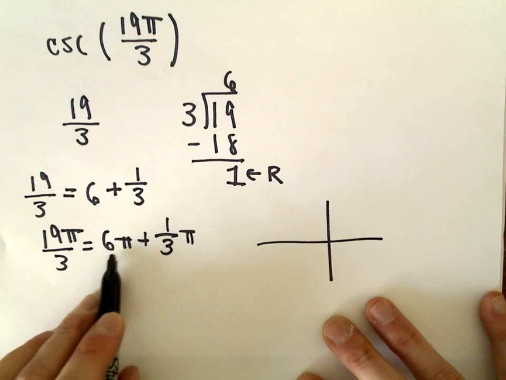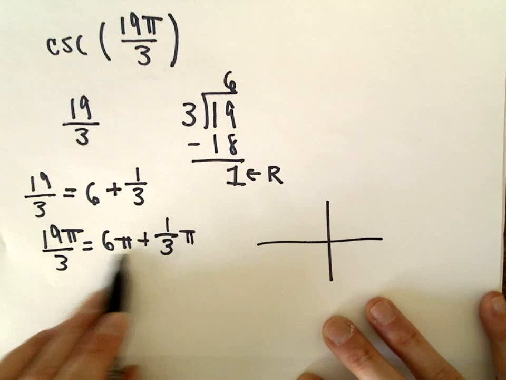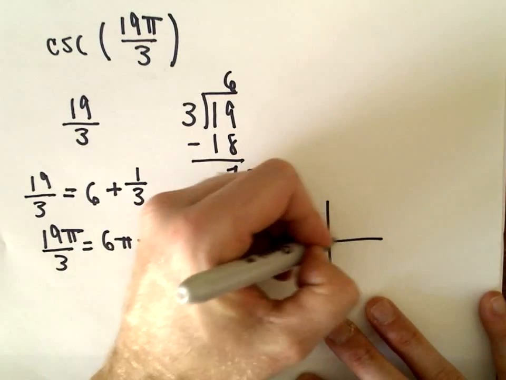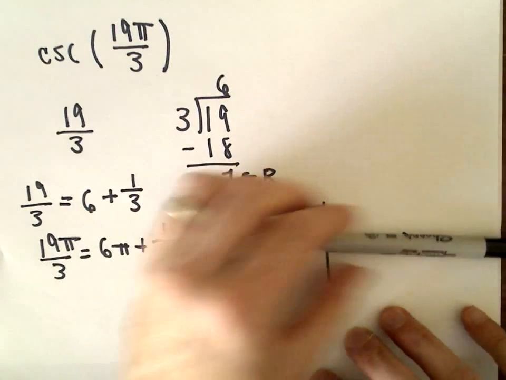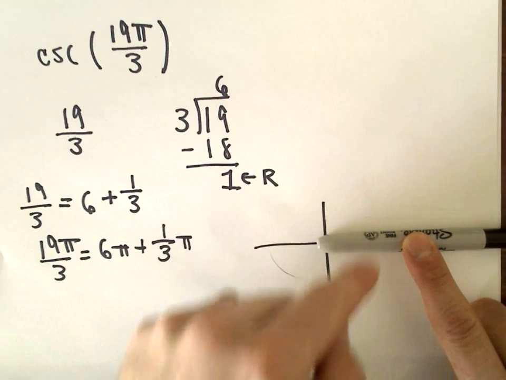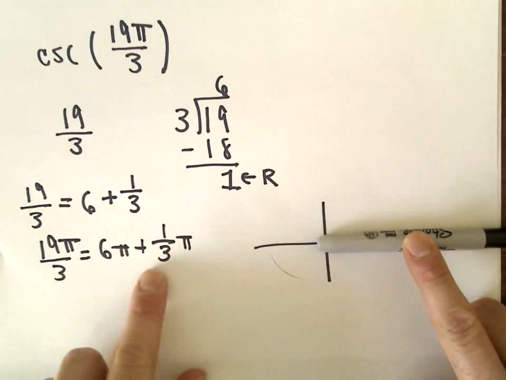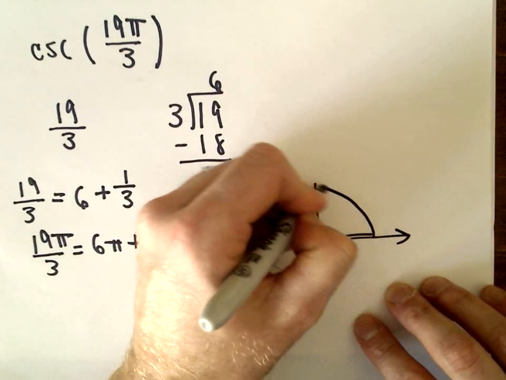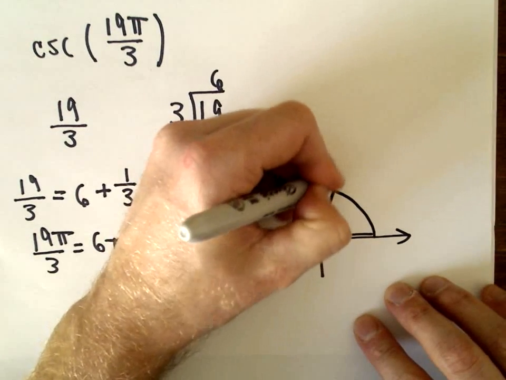If you go around an even number of pi's, it's always going to put you right back sitting on the positive x-axis. So there's 0, 2 pi, 4 pi, 6 pi, etc. Then I need to go another 1/3 pi, or equivalently pi over 3. So pi over 3 is going to put you right there.